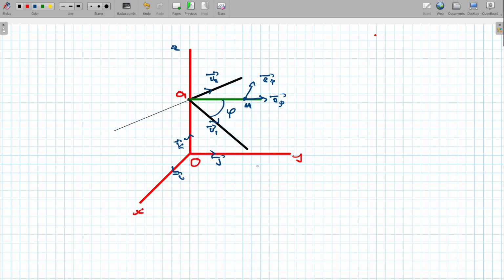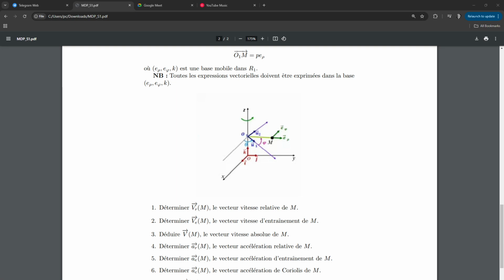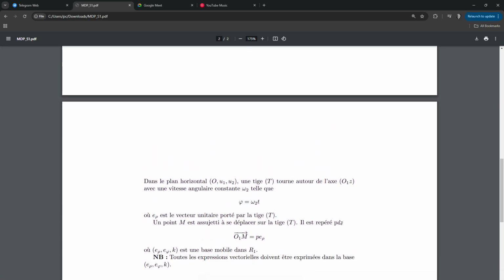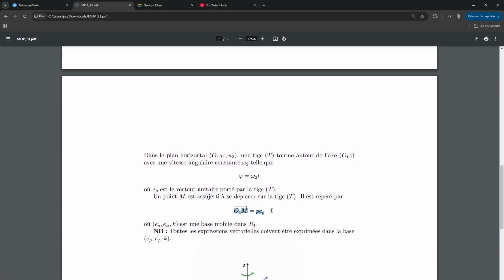So let's calculate first of all the position of the point M. Because we have an angle theta here, we can make use of la base cylindrique. We know that O1M, because we're supposed to find the relative velocity, is going to be equal to this distance here. They are calling it rho according to the question. So if we go back to the question, you see that they've given us O1M by this expression.